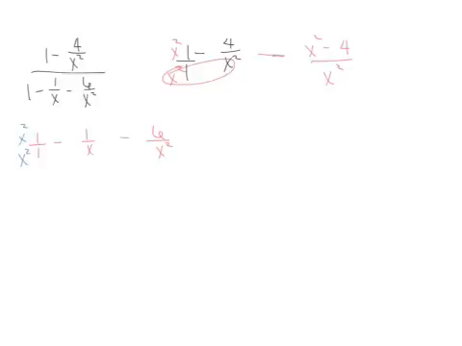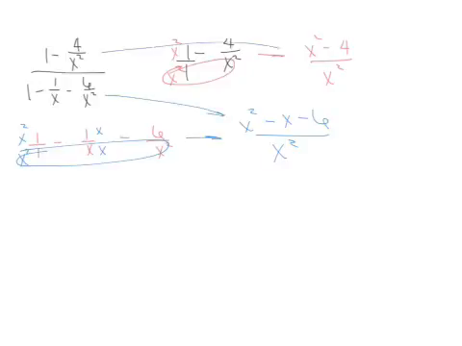Well, I've got one x, but I don't have the second x, so I'm going to put an x there and an x there. So now I have an x squared when I multiply those. Here, I'm not missing anything. So my final result then will be x squared minus x minus 6 all over x squared, because again, those don't do anything. Okay, so now I just replaced that with that and that with that.